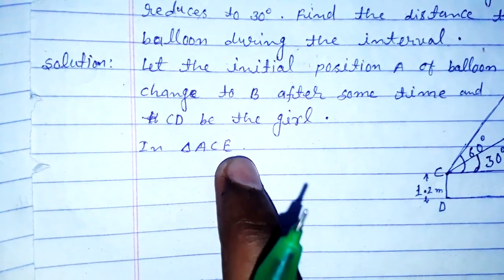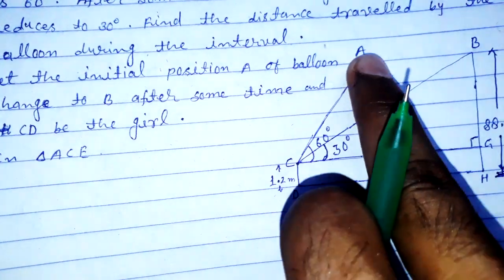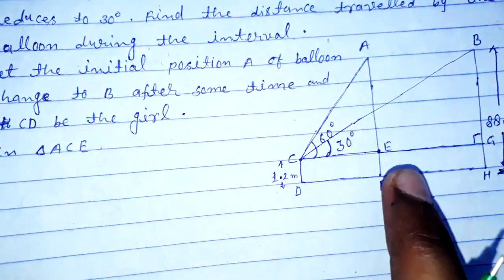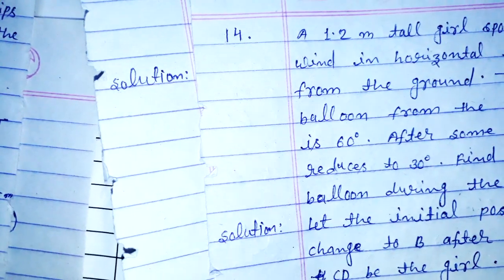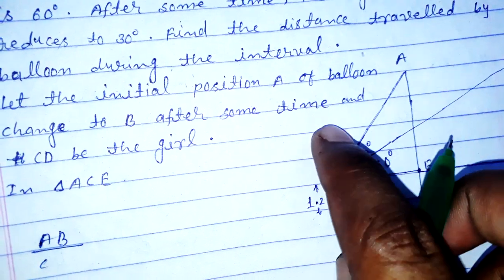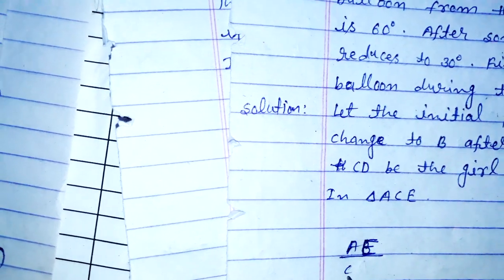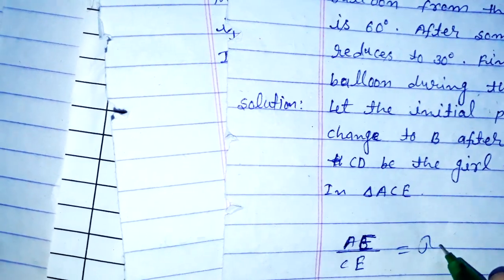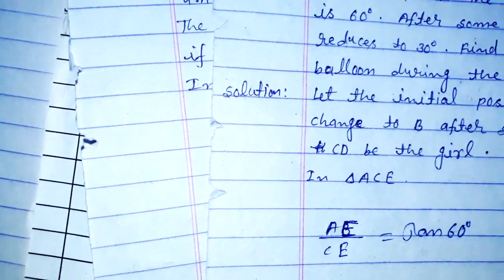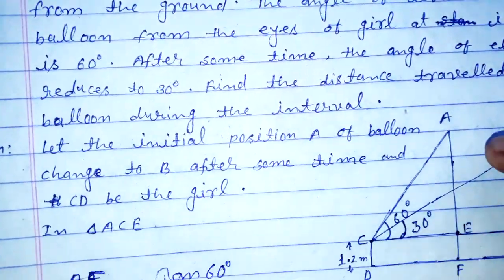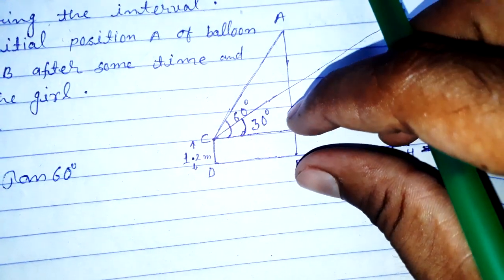So in triangle ACE, AE upon CE is tan 60 degrees. What is AE? The complete value is 88.2 meter, and this value is 1.2 meter.